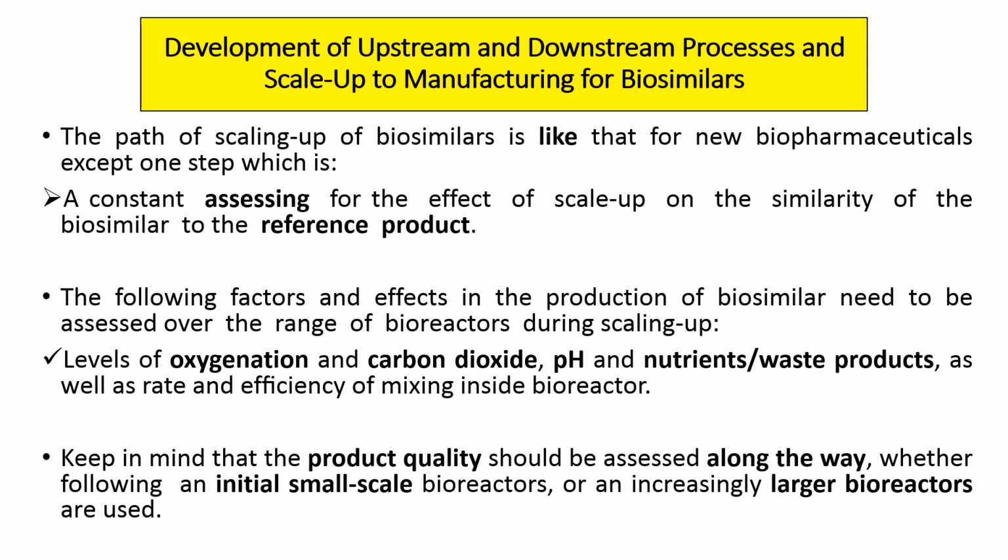Also, keep in mind that product quality should be assessed along the way, whether following an initial small-scale bioreactor or a large bioreactor. All of these factors should be assessed all the time, and biosimilarity should also be assessed.